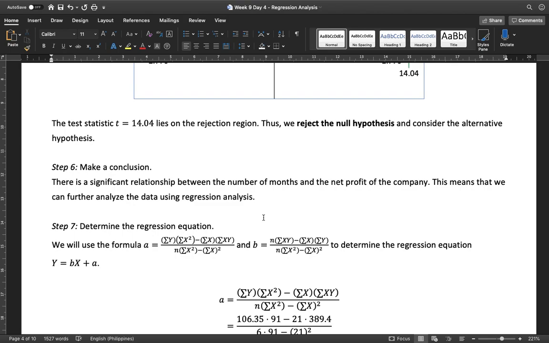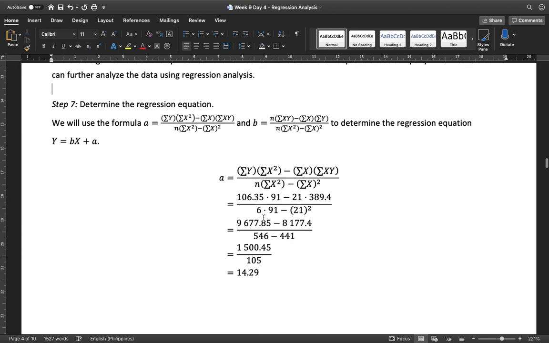And how do we do that? We begin with the regression equation. We use the formula A, this one, and B, this one, to determine the regression equation y equals bx plus a. So a is summation of y times summation of x squared minus summation of x times summation of xy all over n times summation of x squared minus the square of summation of x.